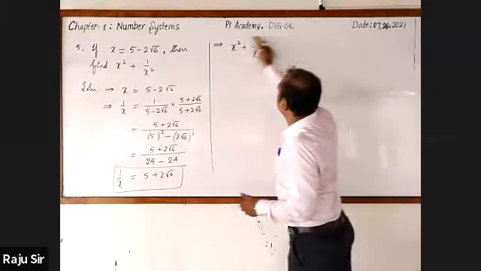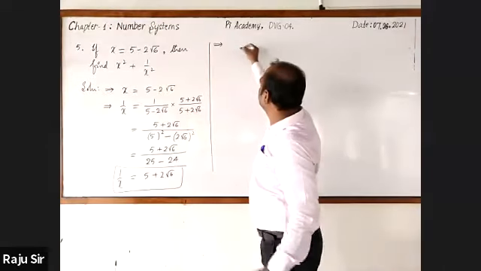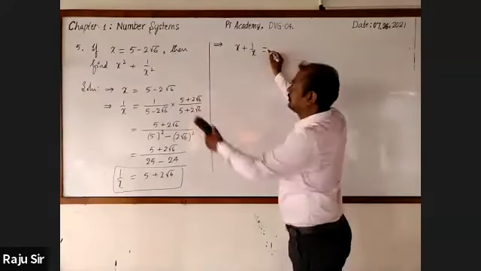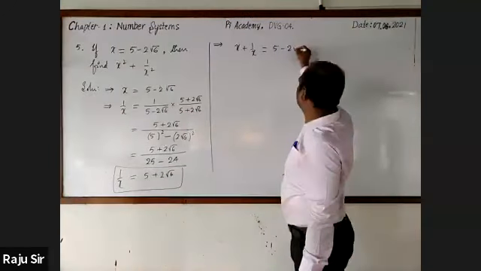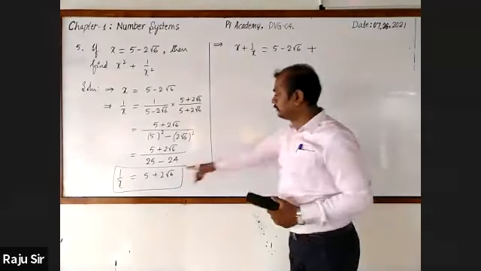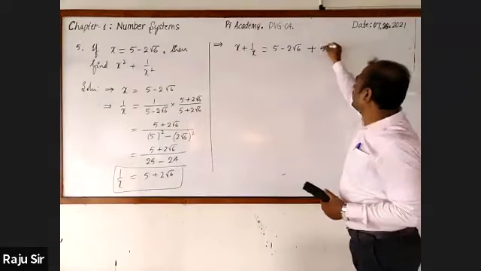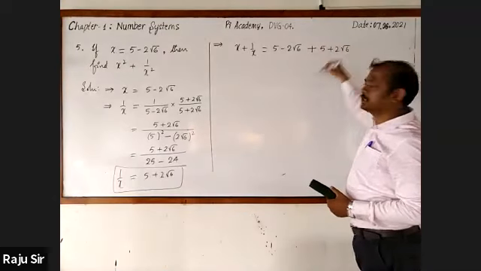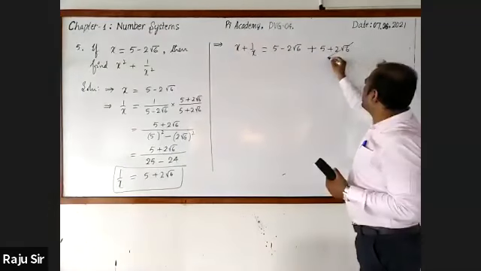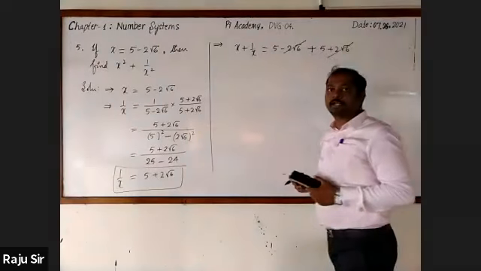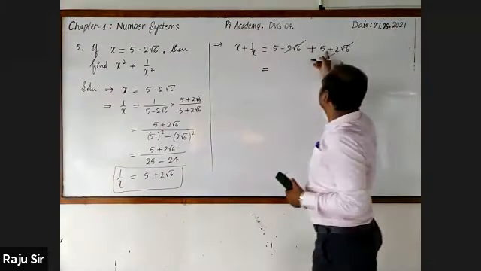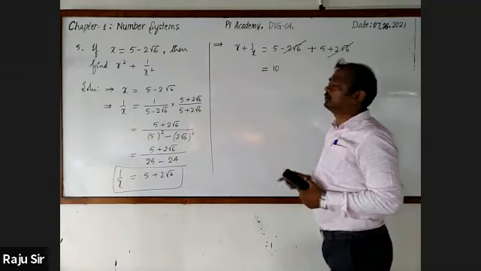So let us find it. x plus 1 by x, where x is 5 minus 2 into root 6 and 1 by x is 5 plus 2 into root 6. Now plus 2 root 6 and minus 2 root 6 get cancelled. This is equal to 5 plus 5, it is 10.